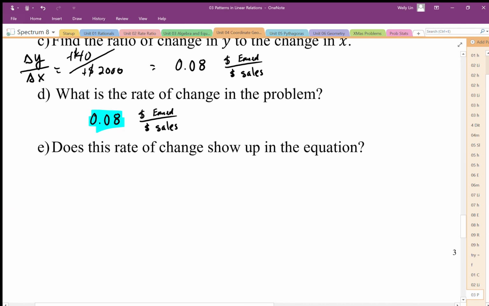The ratio of change, and I'm also going to call it the rate of change, shows up as the multiplier in the equation.